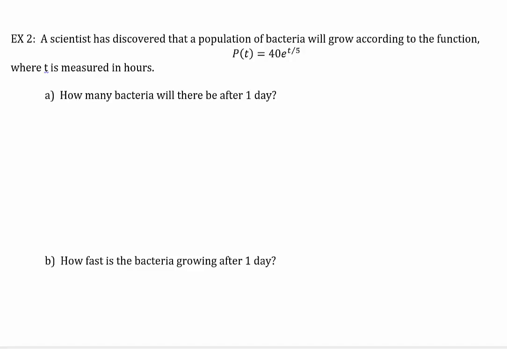So this problem says a scientist has discovered that a population of bacteria will grow according to the following function, where t is measured in hours. How many bacteria will there be after 1 day? There is no calculus involved in this problem. One day would be 24 hours.